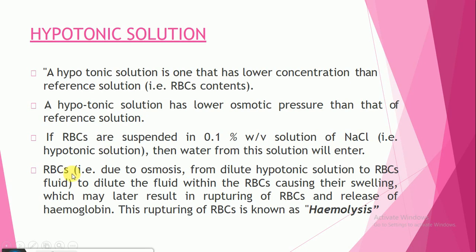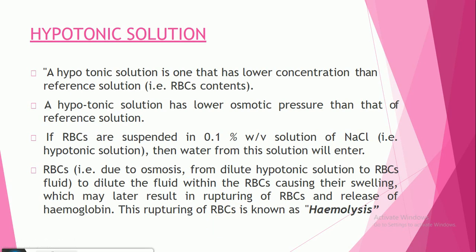So here the RBC, for example, due to osmosis from the dilute hypotonic solution to the RBC fluid, dilutes the fluid within the RBC, causing their swelling. So there will be swelling and imbibition, which may result in the rupturing of the red blood cell and the release of hemoglobin.